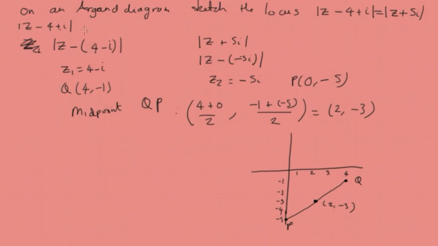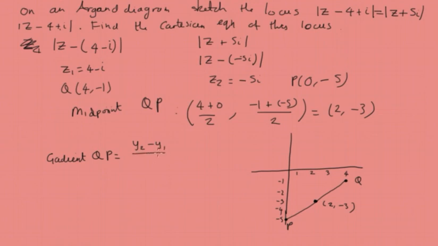Okay, and we want to find the Cartesian equation of this locus. So we need to think, what is the gradient of QR? Well, that's just going to be (y2 − y1) over (x2 − x1).